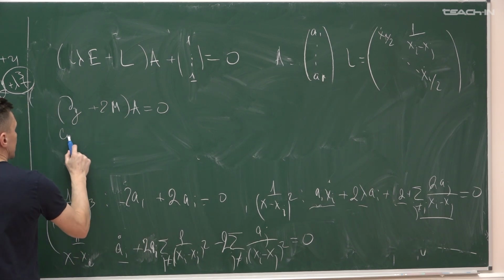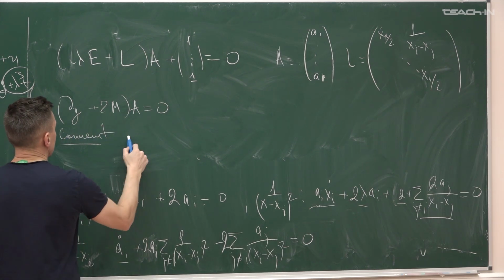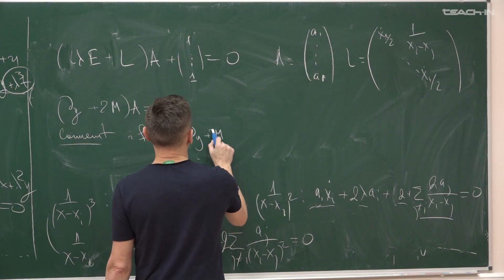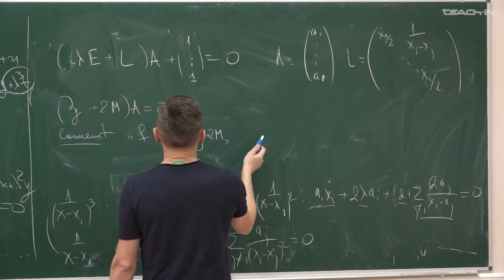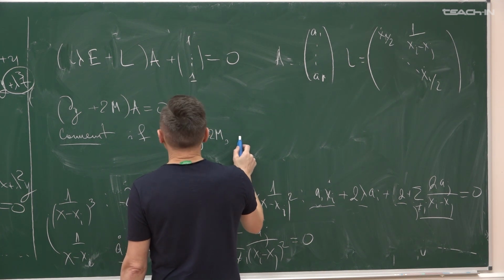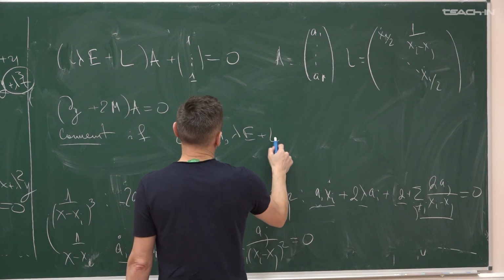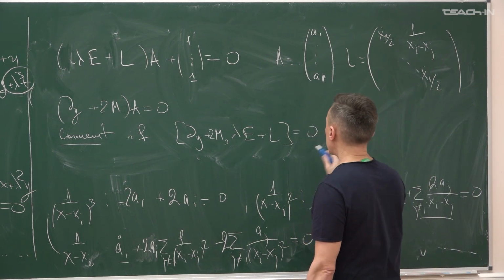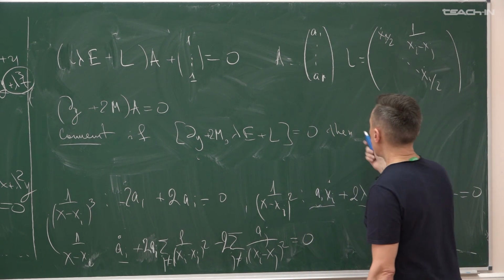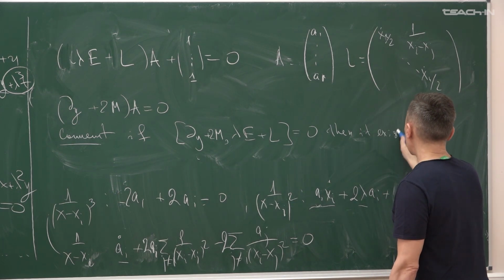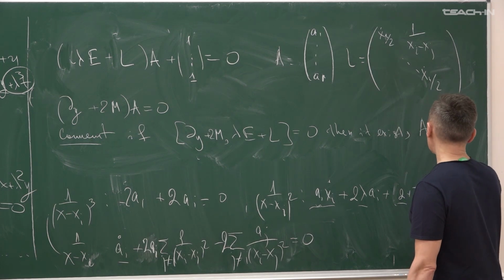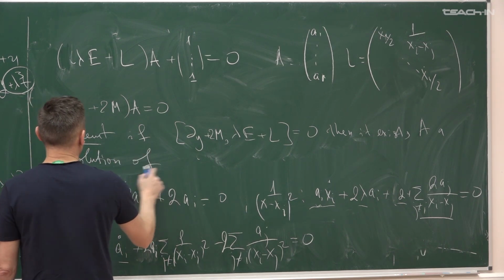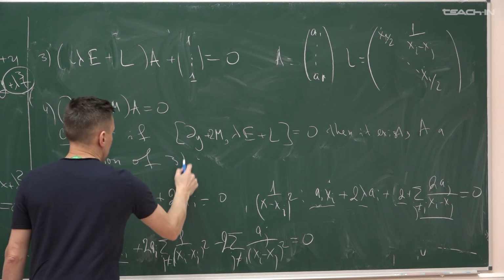Just a comment: if d/dy plus M plus 2m and lambda E plus L is equal 0, then it exists a solution of 3 and 4.